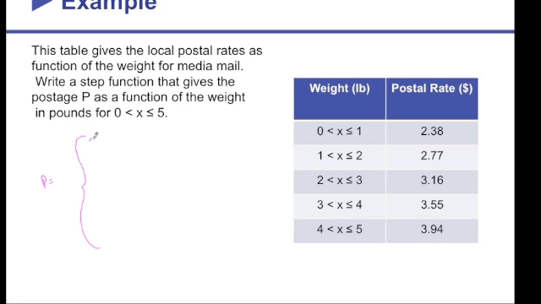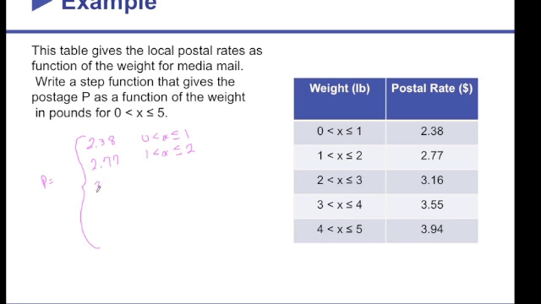The rate, the y value, is 2.38 when x is greater than 0, less than or equal to 1. So between 0 and 1. Then it's $2.77 if it's greater than 1, less than or equal to 2. So from 1 up to 2 pounds.